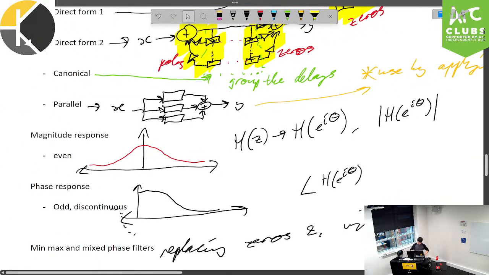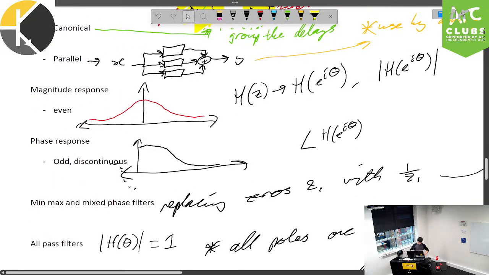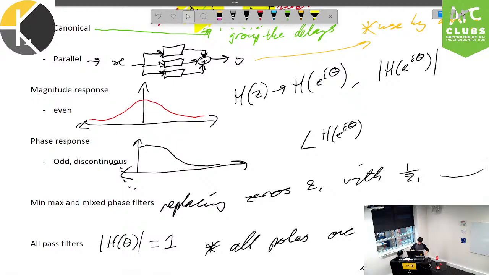Next up, we have our magnitude responses. Well, frequency responses. We'll always note that magnitude response should be an even function, and phase responses will always be odd functions, with discontinuities, potentially whenever you want to jump by a factor of 2 pi.